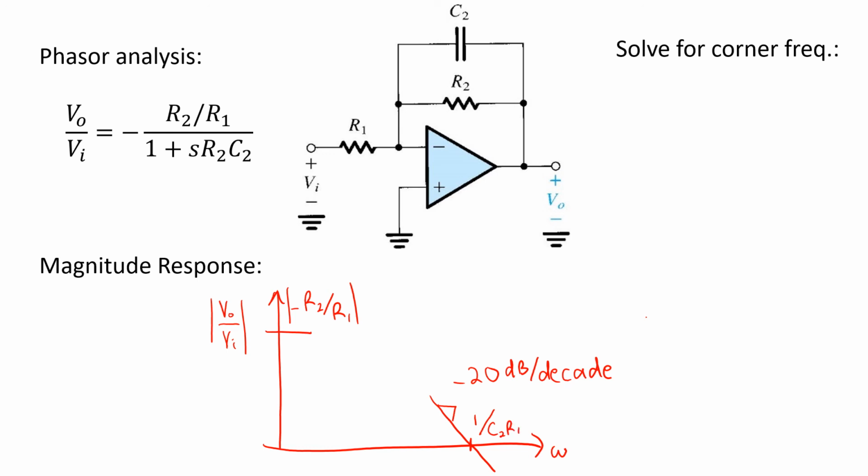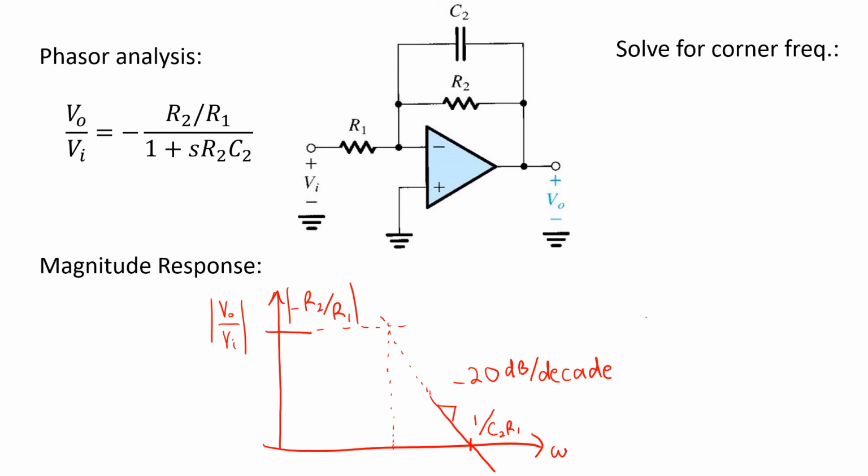So a key feature that we're likely interested in is what's the frequency around the transition between these two. And we'll call that the corner frequency, where the magnitude response bends down. Now, in fact, we could find it geometrically from this sketch, but instead let's find it analytically.